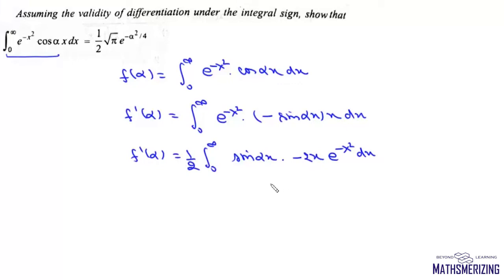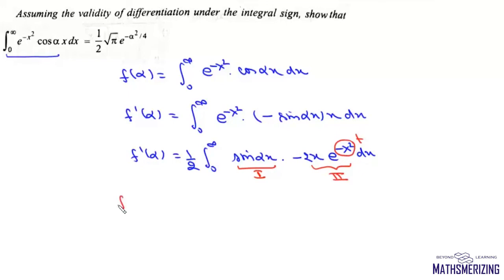Now we'll solve this using integration by parts. So we'll take sin alpha x as the first function, and we'll take this as the second function. The reason we have taken this as the second function is, if we take this as t, it will be simply dt. So its integral will be e to the power minus x square.